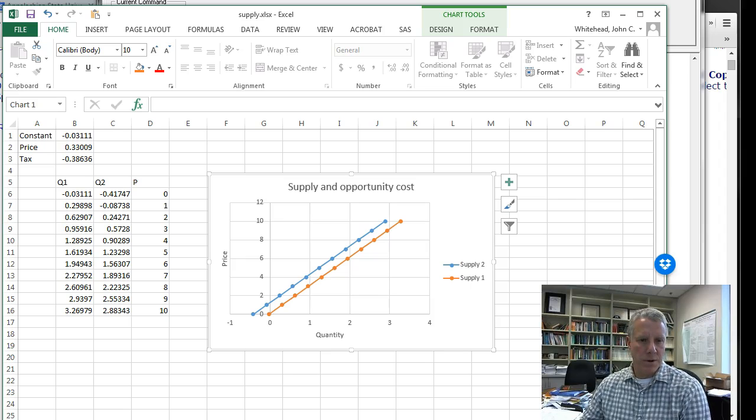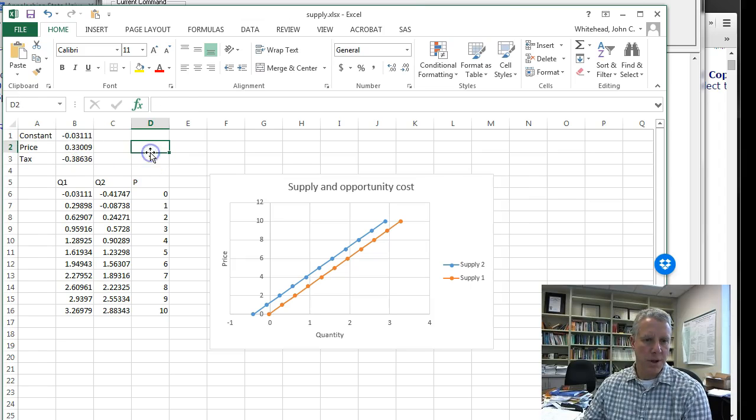And here's a simple Excel plot of the data from the model from the supply curve. The numbers in my B column here are the coefficient estimates, and the A column are my variable names. And down here I have the price that ranges from 0 to 10. And for Q1, this is when the tax treatment is 0.